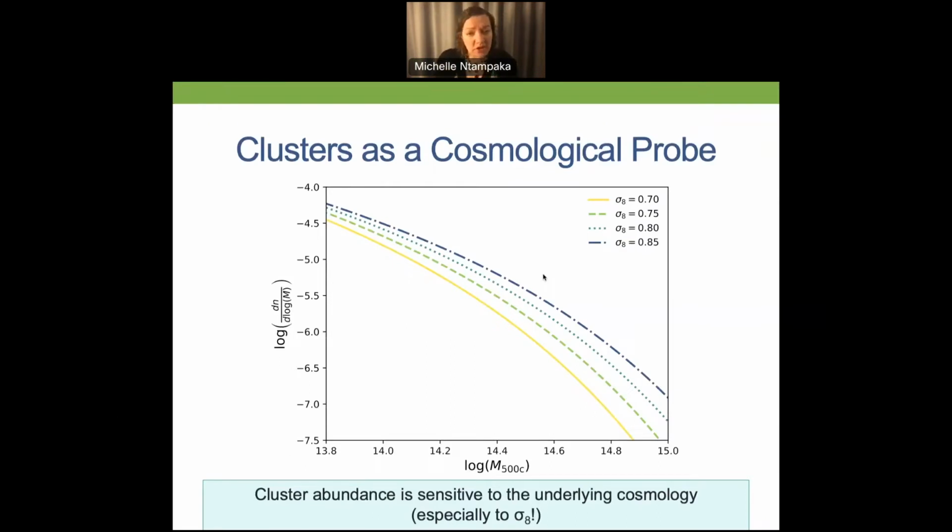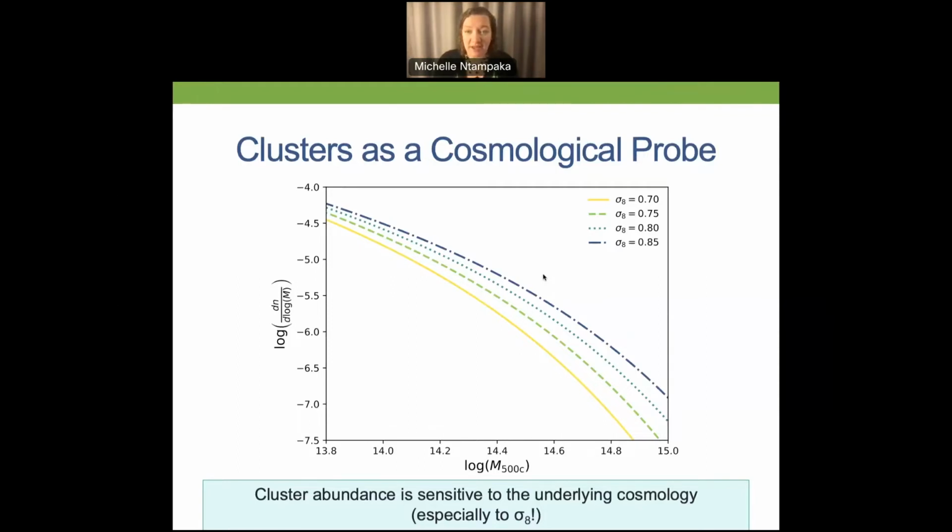The way we can use galaxy clusters as a cosmological probe is by looking at cluster abundance. So here what you're seeing is, as a function of mass, the abundance of galaxy clusters predicted for a number of different sigma 8 values. So sigma 8 is a measurement of the clumpiness of the universe. And for a low sigma 8, that's the solid yellow, you'd see many fewer galaxy clusters.